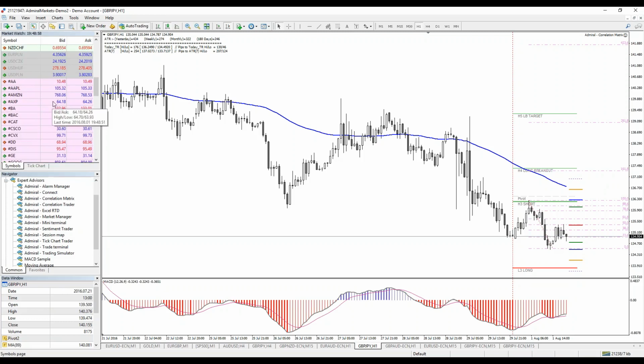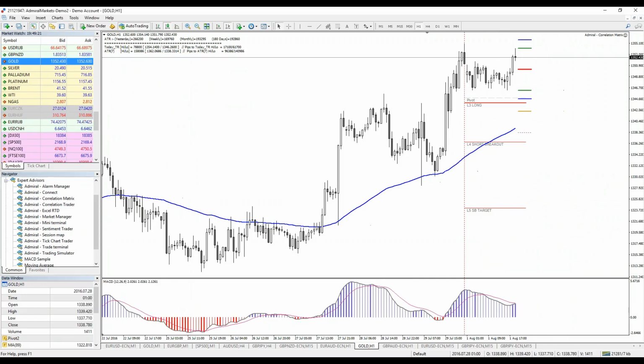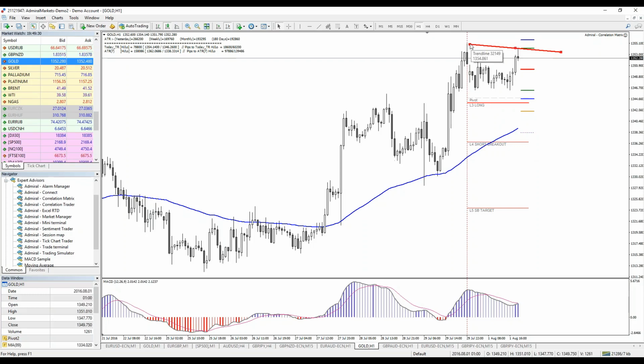And gold. Let me find it. It's here. Here it is. This is the gold. And again, maybe a time for retracement. If this closes like a shooting star, well, we might see some retracement.